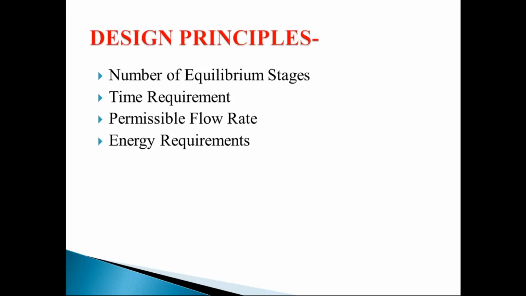So we should know the energy requirement during design of any process. So all these are the important design principles, important parameters to design any chemical process or any chemical equipment. First one is the number of equilibrium stages, second one is the time requirement, third one is permissible flow rate, and fourth one is energy requirement for the process.